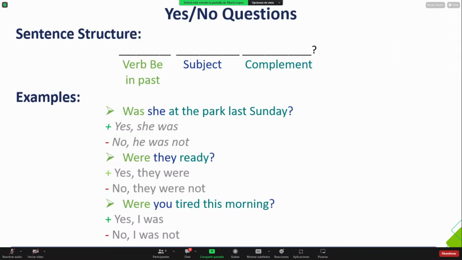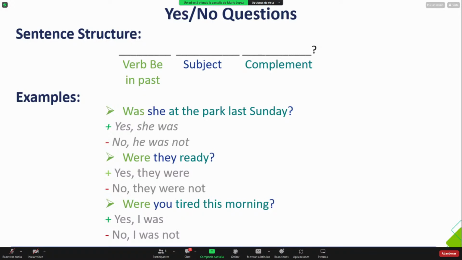I repeat, the answer changed. You change, and the word changes too. O sea, cambia el you y cambia el were por I y was. El you y el were cambian por I, yo y was.